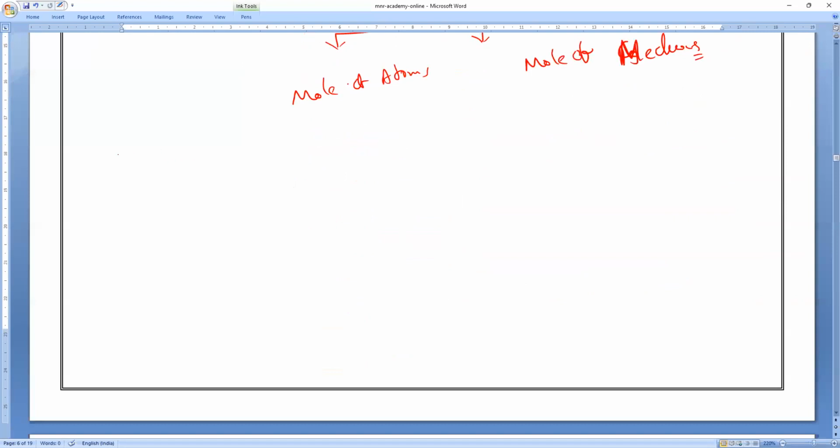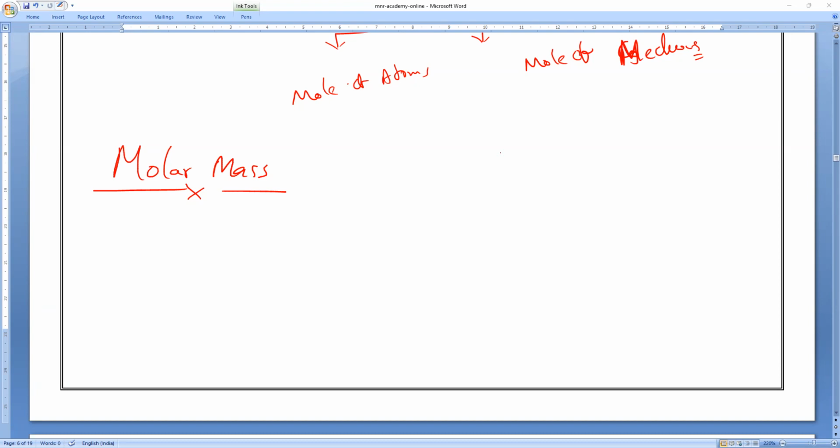All of you write it. Molar mass. I know many of you are hearing this for the first time. Sir, what do you mean by molar mass? It's extremely small and simple. Just take the atomic mass into grams.